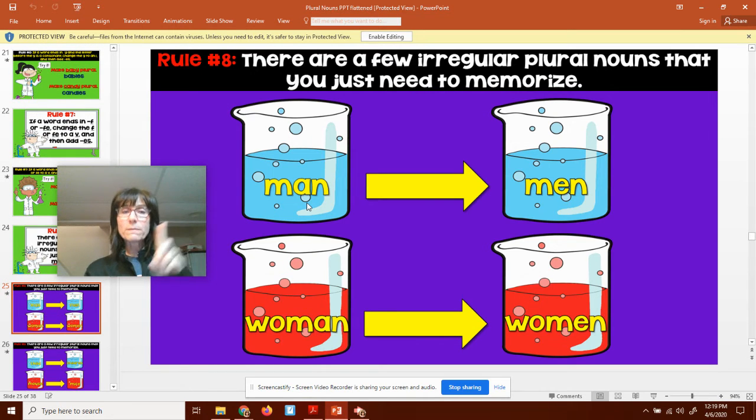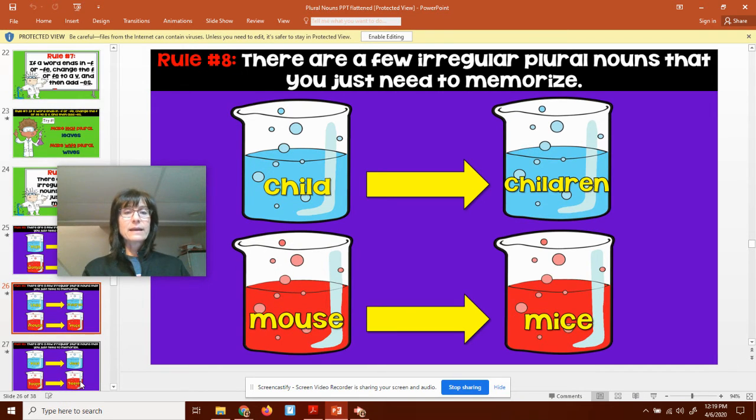If I have one man, but we have many men, we change the A to an E. You might have the same with a woman, women. Child doesn't become childs to make it plural. I'm going to have children, and I'm going to change the spelling.